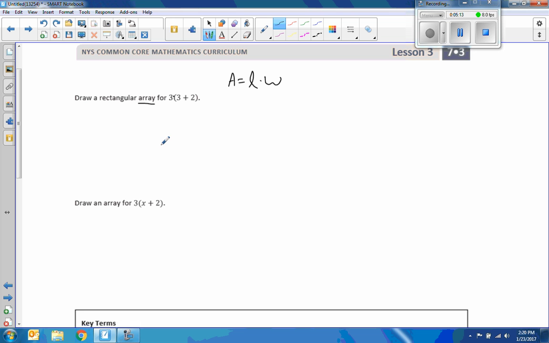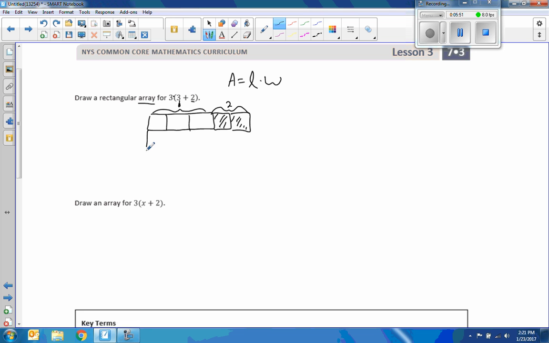So in order to represent that, I could do this, which would represent the 3 here in the parentheses, and then I need 2 more to represent the 2 right here, and I will shade those in. So there's 3 plus 2. Well, the 3 outside just means times 3. 3 times this sum.